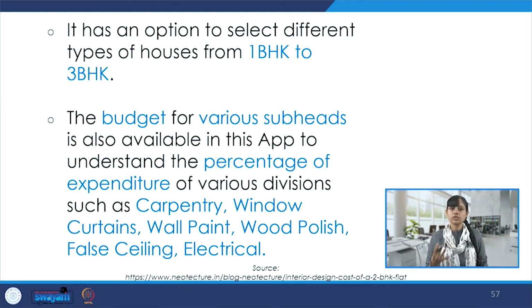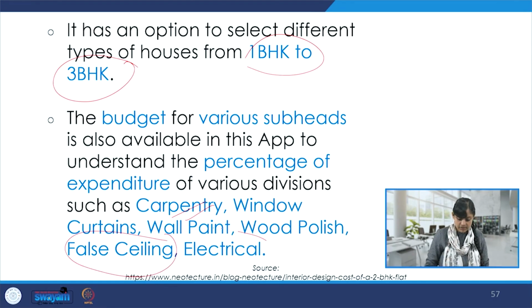It has an option to select different types of houses from 1 BHK to 3 BHK. The budget for various subheads is also available in this app to understand the percentage of expenditure of various divisions such as carpentry, window curtains, wall paint, wood polish, false ceiling, electrical works.